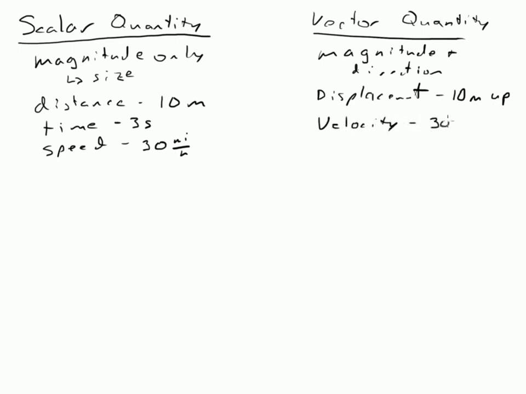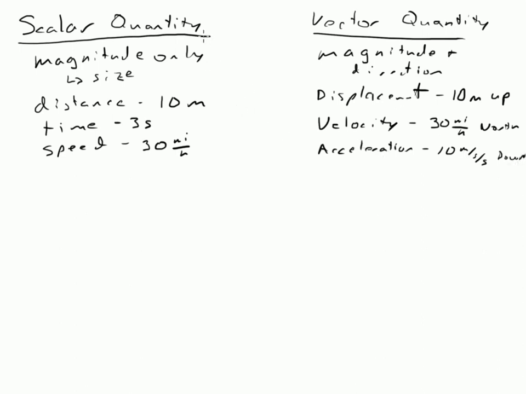So we could take our 30 miles per hour and have it go north. Then we also have acceleration. So we might use that of gravity. Right, it's about 10 meters per second down.